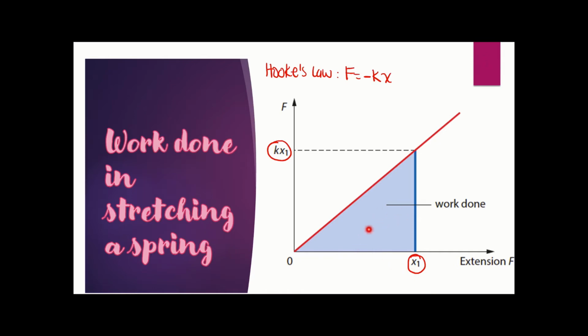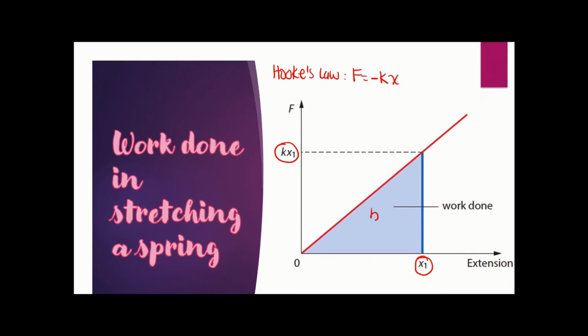In any case, we are going to calculate the work done by that spring by calculating the area, okay? And remember that the area of a triangle is base times height over 2. So if we substitute in this area formula, we know that the base is x, in this case x1.